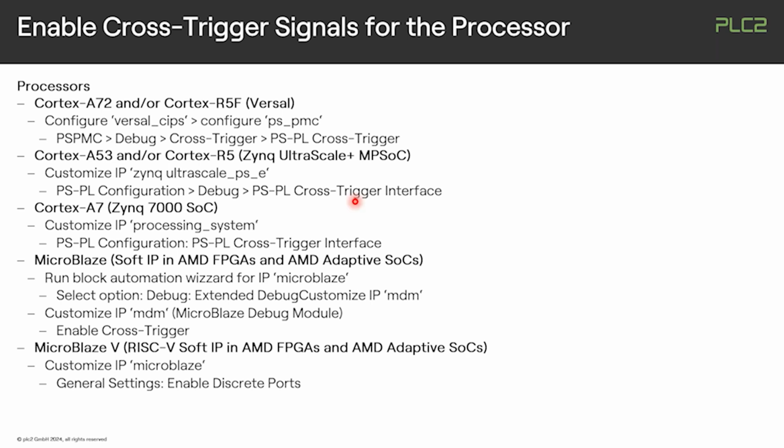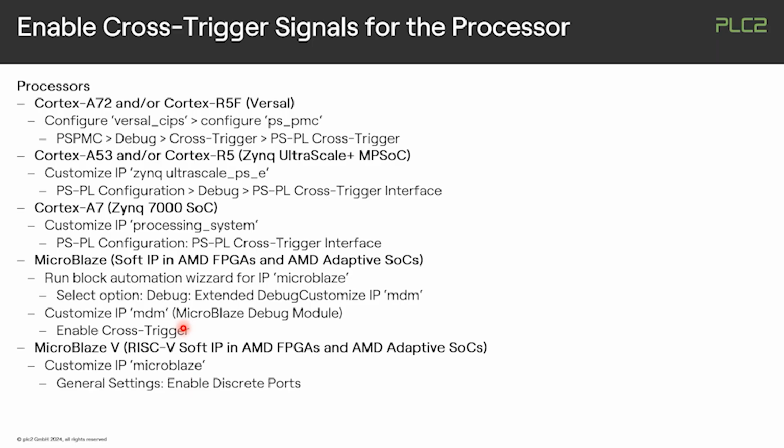Here for Zynq UltraScale MPSoC, there for Zynq 7000 SoC, or even using the MicroBlaze soft IP. And here's a differentiation of the MicroBlaze we have had for over 20 years now, but new is the MicroBlaze 5, the RISC-V CPU architecture. And the cross-triggering feature looks a bit different.